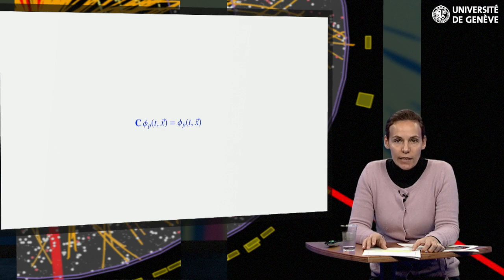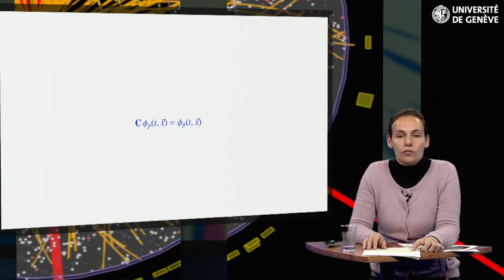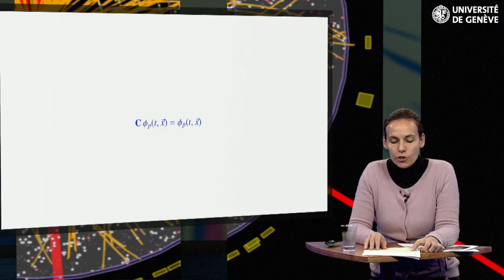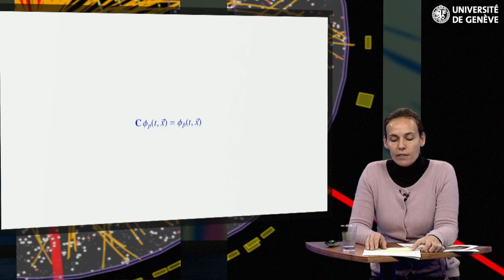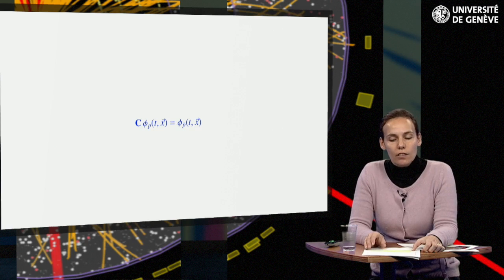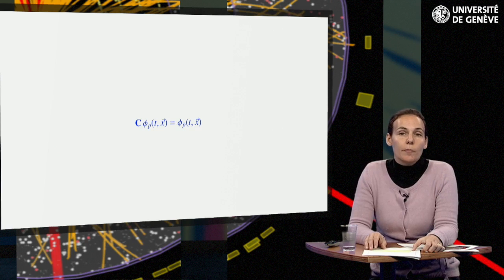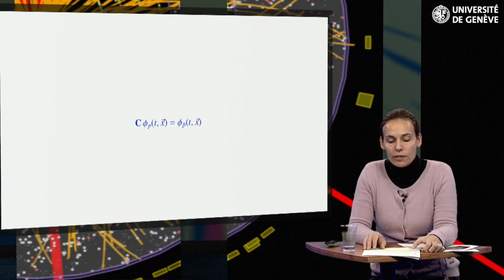Again, electromagnetic and strong interaction conserves charge conjugation, that is to say that these interactions have the same intensity for particles and antiparticles. Weak interactions, on the contrary, violate C symmetry, so they distinguish between particles and antiparticles.